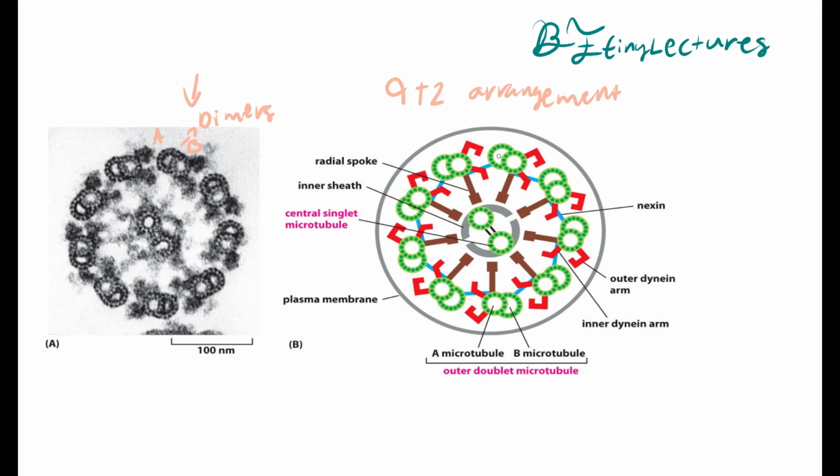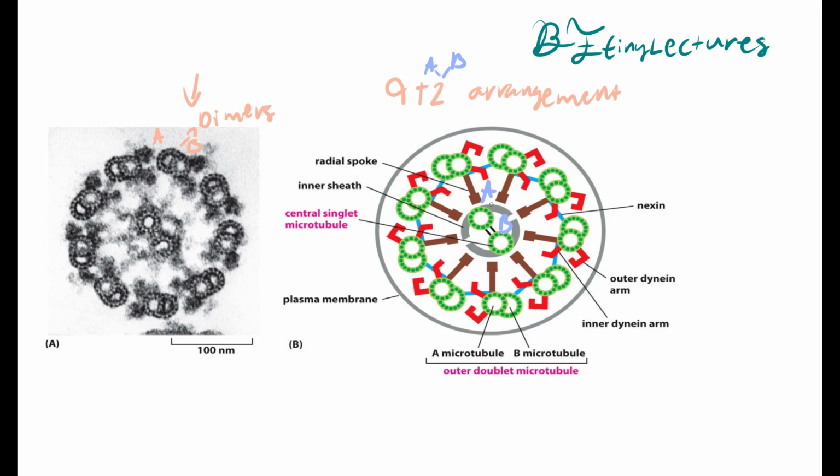We have 9 pairs of microtubules on the outside ring, and we only have 1 pair of microtubules on the inside ring. So this is microtubule A, and this one is microtubule B. That is 1 pair. It's a bit weird why they say 2, but just know that the inner ring just has 2 microtubules, microtubule A and microtubule B.